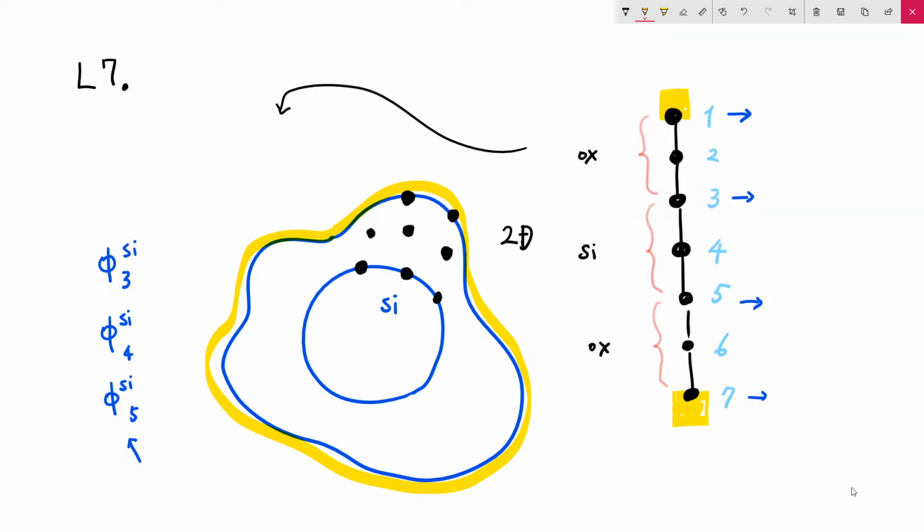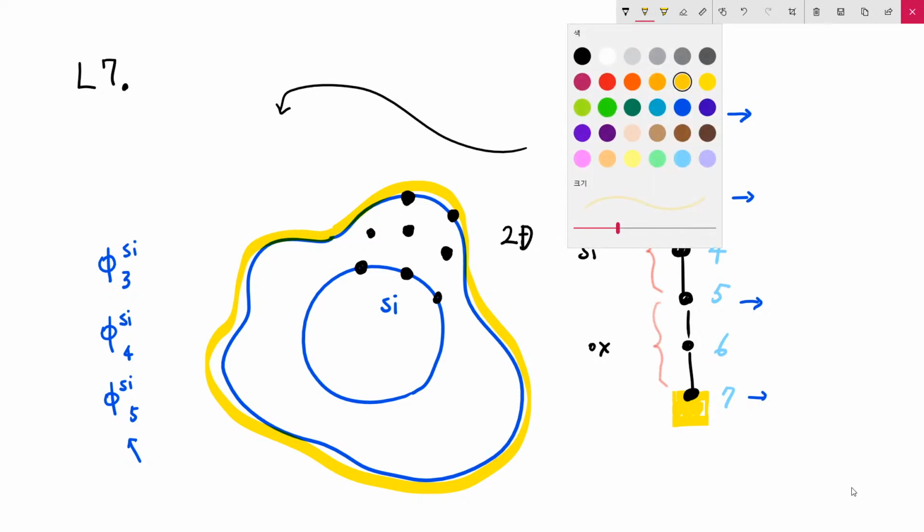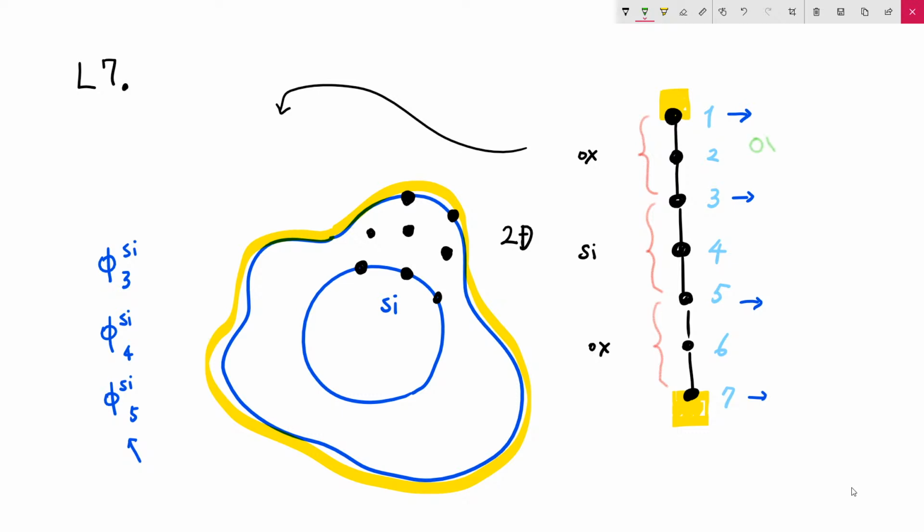One is, in this oxide region, in many cases we can assume a linearly varying potential. However, I wanted to stress that if there are certain charges even in the oxide region, then the potential does not vary linearly.